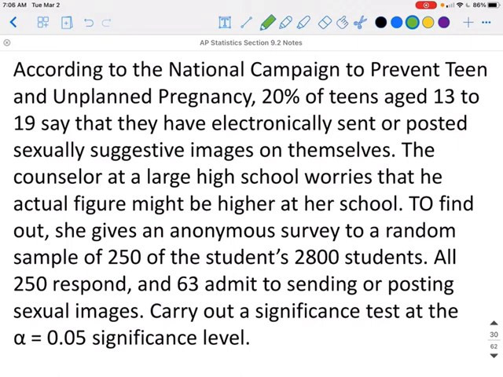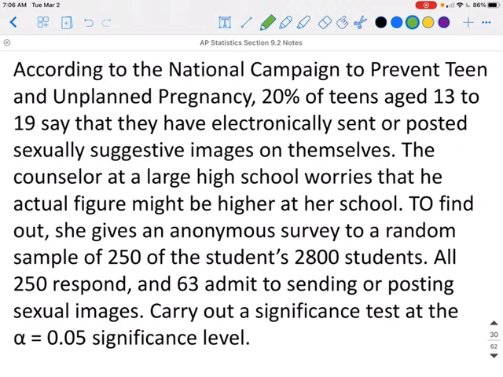To find out, she gives an anonymous survey to a random sample of 250 of the students in the school, which has 2,800 students. All 250 respond, and 63 admit to sending or posting sexual images. Carry out a significance test at the alpha equals 0.05 significance level.